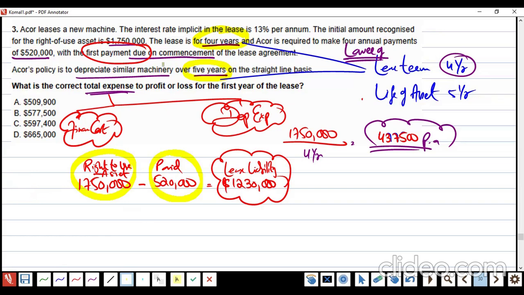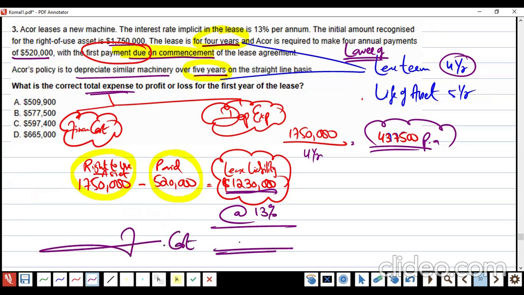But I already paid 520,000 at the commencement, which means my loan outstanding at the year end will be this much, and the interest will apply on the loan. Interest rate is 13%, so the finance cost is going to be 159,900.